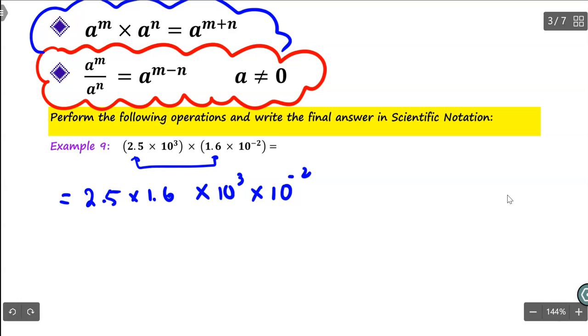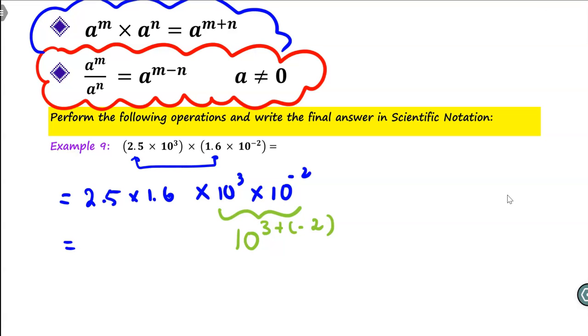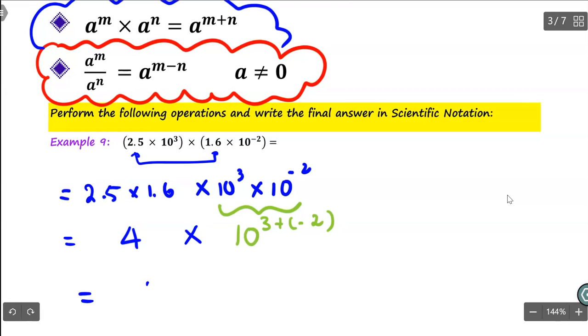I am going to combine this and make it 10 to the exponent 3 plus negative 2. And 2.5 times 1.6 will give me 4. So my final result will be 4 times 10 to the exponent 1, or you can just write 4 times 10. So this is all correct in this case.